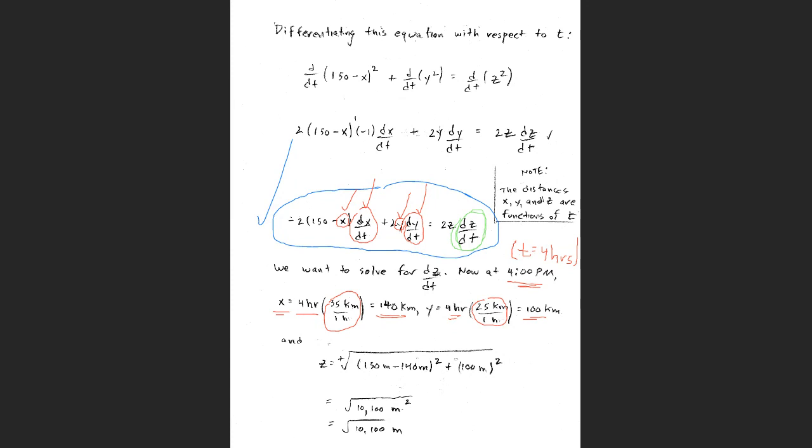I'll write it in here: z squared is equal to (150 minus x) squared plus y squared.